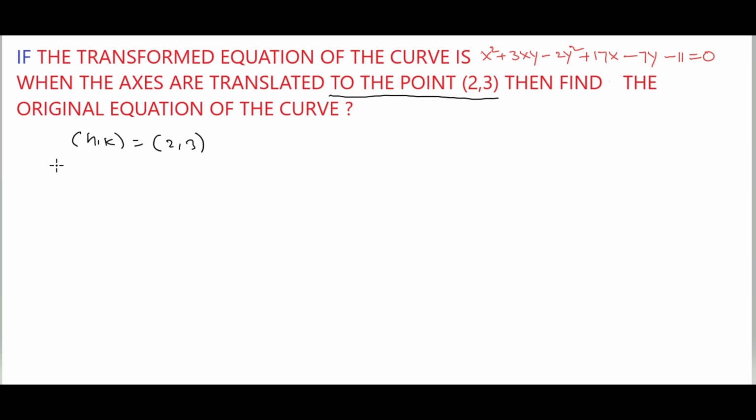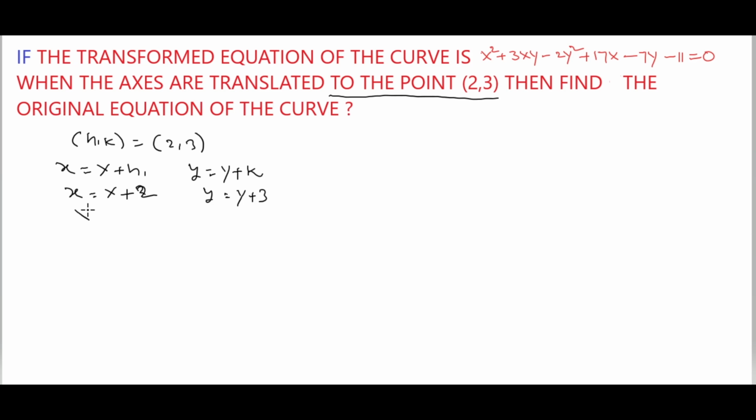We know the formulas for translation of axes: small x is equal to capital X plus h and small y is equal to capital Y plus k. Substituting h, k, small x is equal to capital X plus 2 and small y is equal to capital Y plus 3.